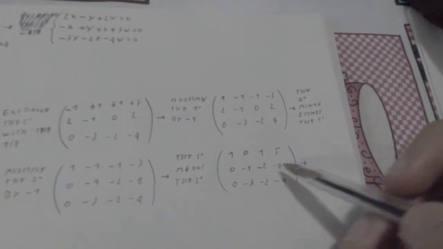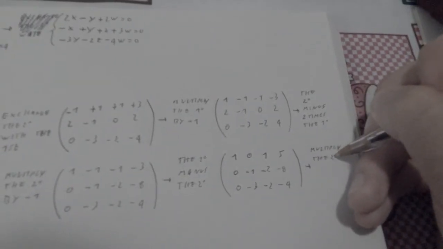Okay, so we're going to bring our matrix back to positive. So multiply the second by -1.